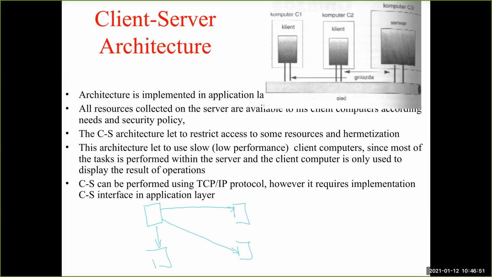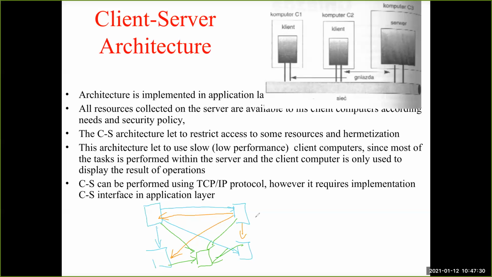But look, if we have many nodes in this network, you will see that it starts to be a little bit too hard to maintain all connections, because if I have a new node, all nodes have to connect to this new node.